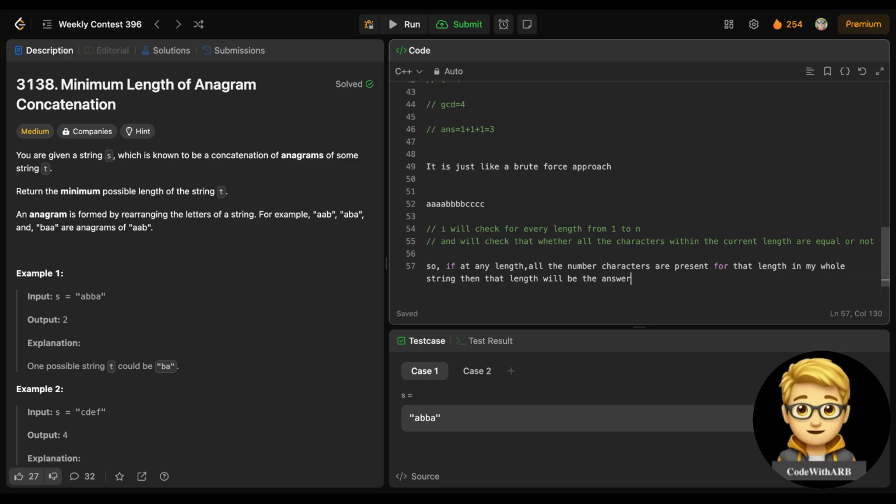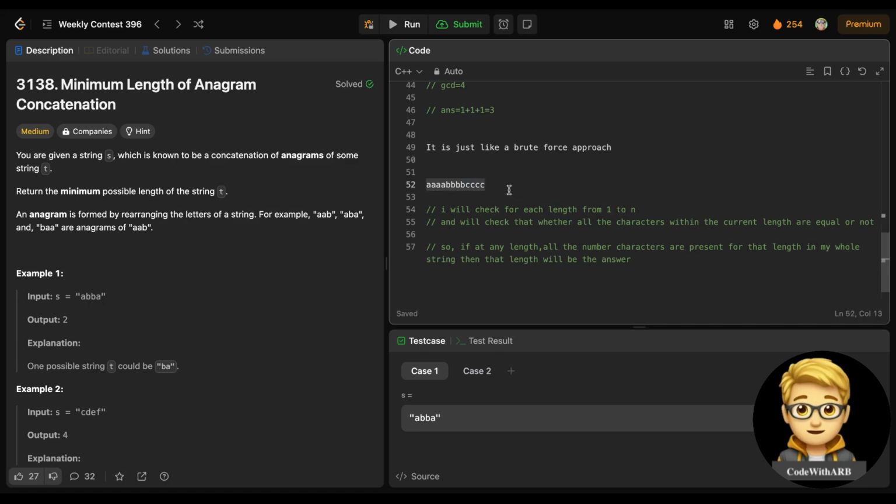Why? Because we need to find the minimum length, not the maximum length. So the first length which gives me all the characters the same for my whole string will be my answer, because I am starting length from 1 to n, not from n to 1. So that's the minimum length, which I get as the first answer.